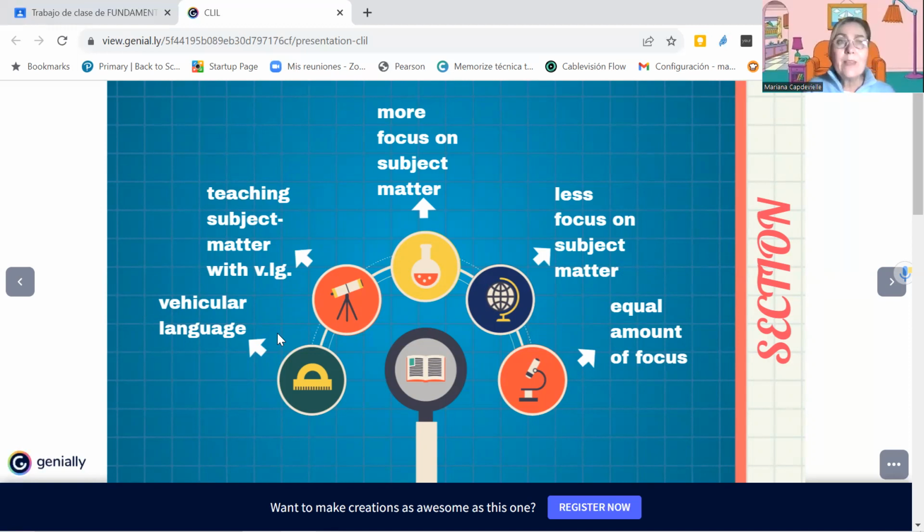The focus there is on the information, and you can have any vehicular language you need to do that. You teach the subject matter with the vehicular language. The subject matter being the governments, the indigenous peoples, and so on and so forth. So sometimes you have more focus on the subject matter, sometimes less, and sometimes you have equal focus.